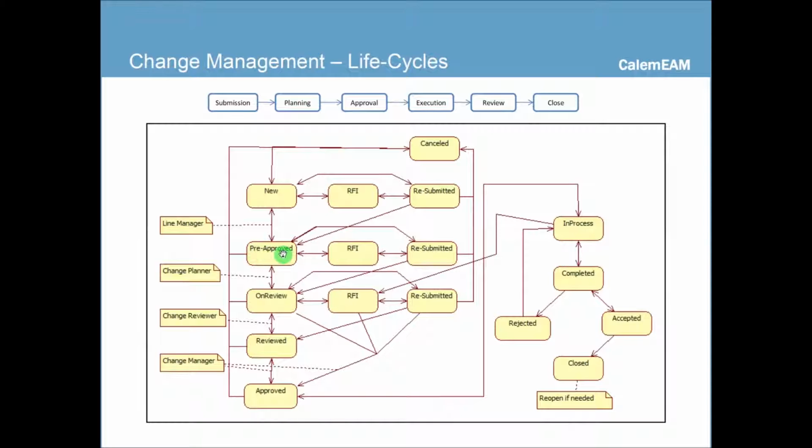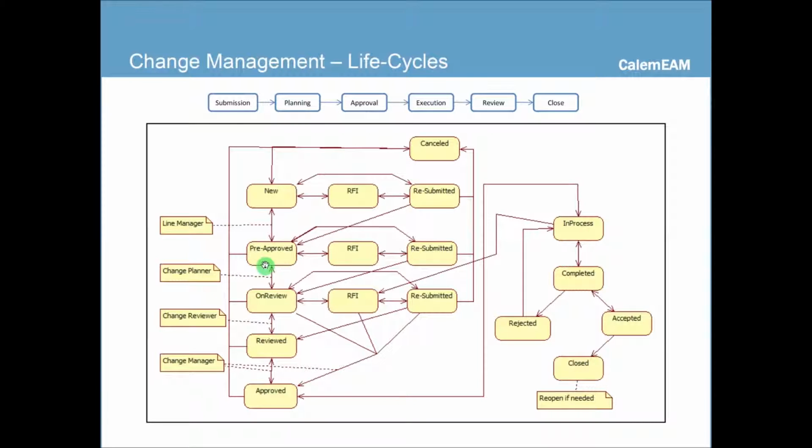Once it's pre-approved, change planner gets notified. The change planner can also interact with the requester through the IFI resubmitted cycle to review the MOC, and eventually decides to put the MOC for formal review.